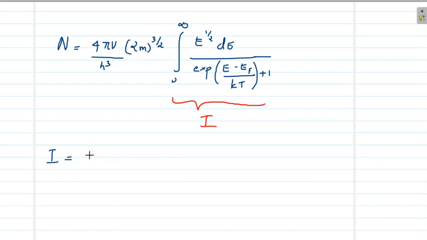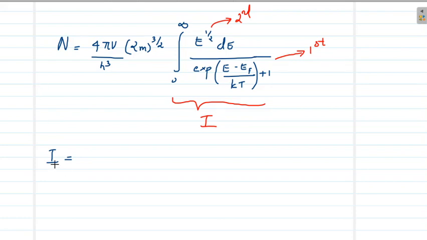That will be used. To find this integral, we assume that 1 by exponential of (E minus EF) by kT plus 1 is our first function, and E raised to 1 by 2 is the second function.